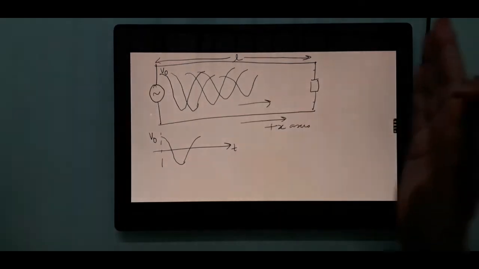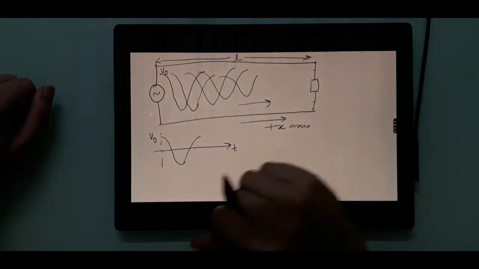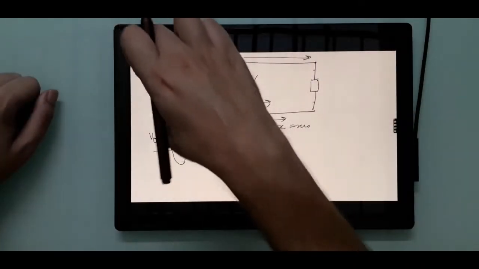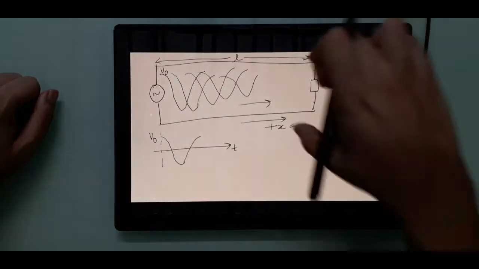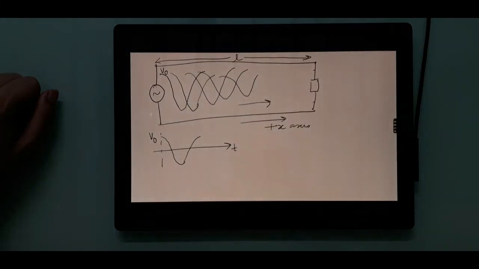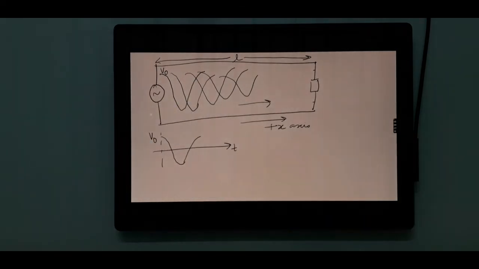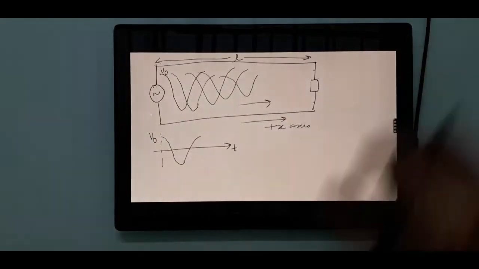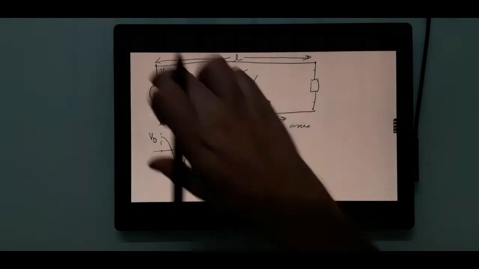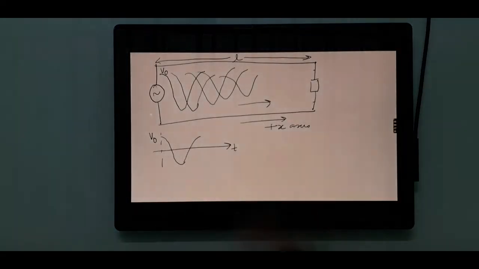So the question is, the longer the distance, the more time is required for any change in the source voltage to reflect at the load end. So as circuits become larger and larger, what happens? It takes more time for the voltage to reflect.